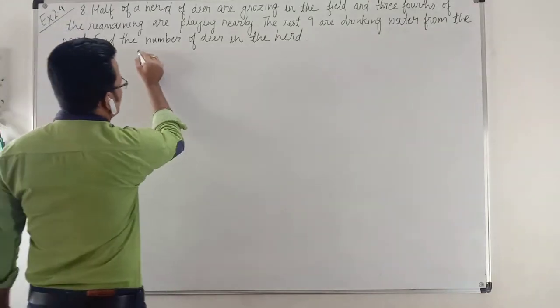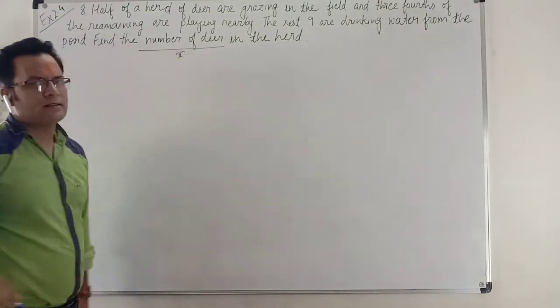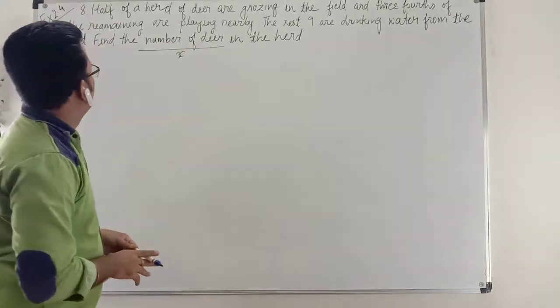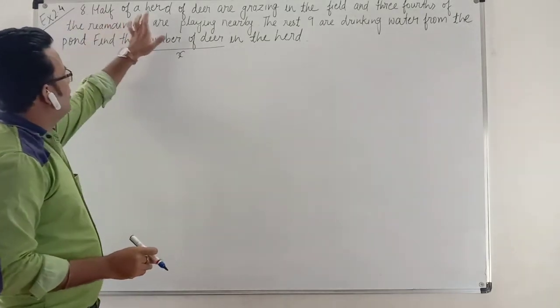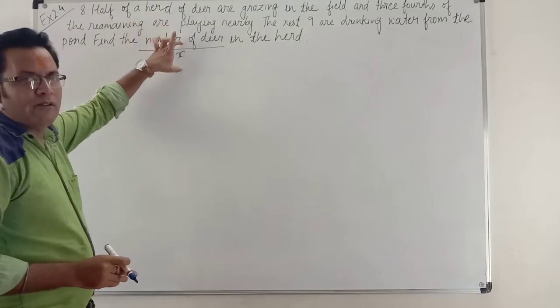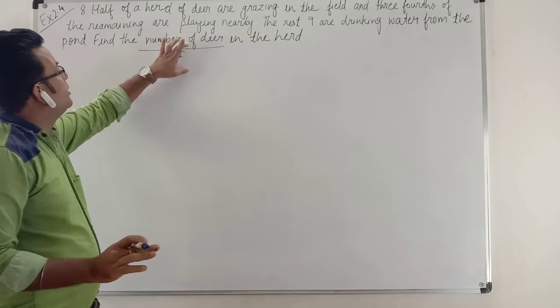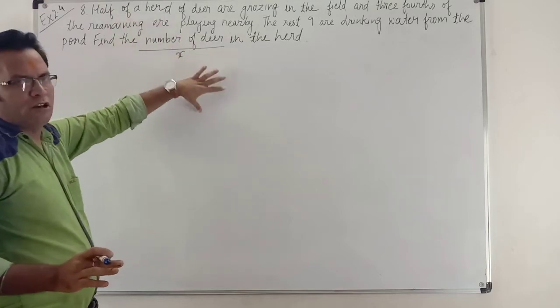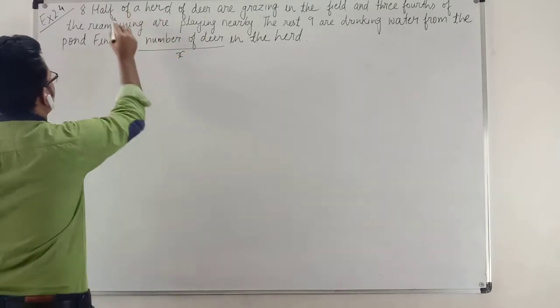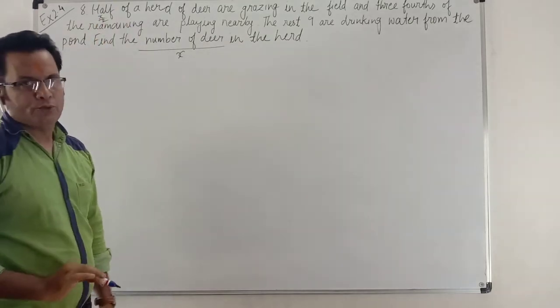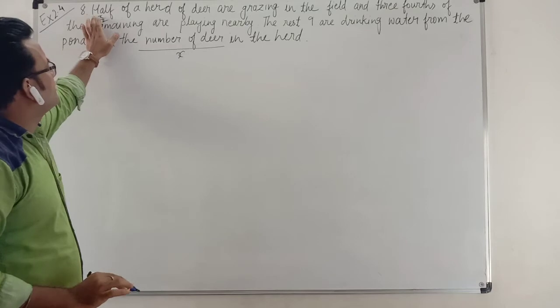Suppose let the number of deer be x, because right now we don't have any idea. Now half of means half of x, because the total number of deer we are supposing is x. So half of the herd of deer will be x by 2.